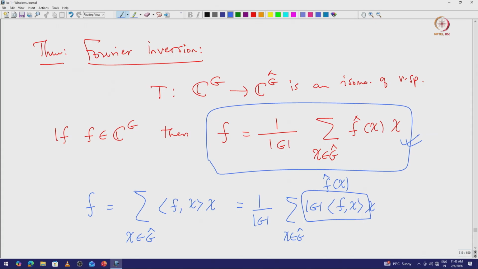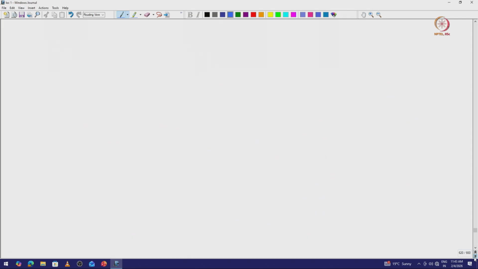Now, it is not hard to see that this indeed gives us an algebra isomorphism. On the right hand side we take the pointwise product, but on the left hand side we take the convolution product. So, let us look at this map T from CG to CG hat, and make it very precise.